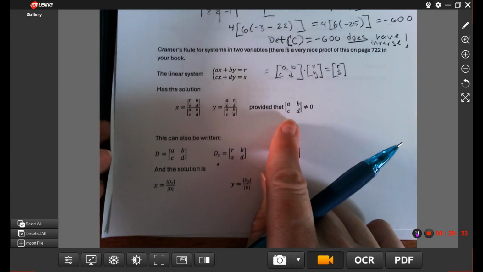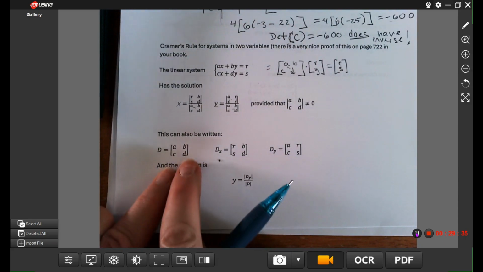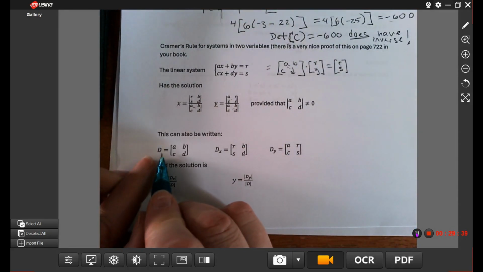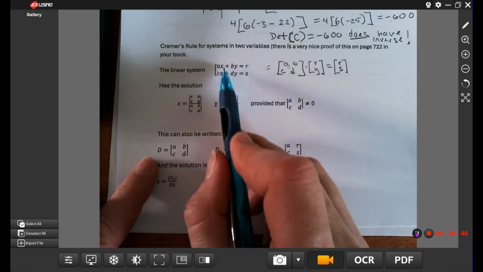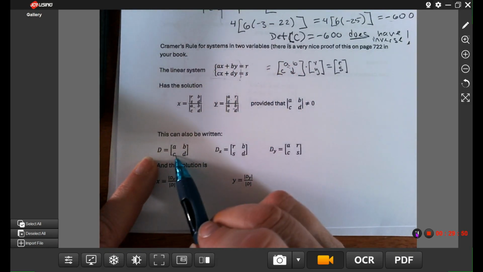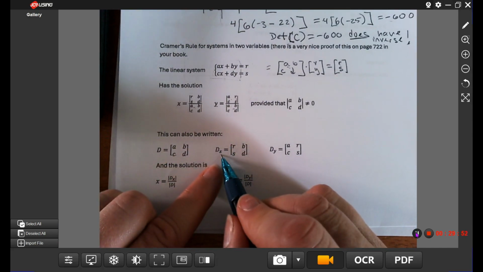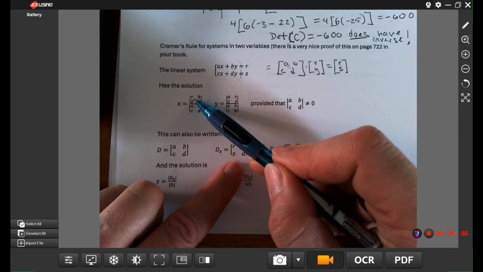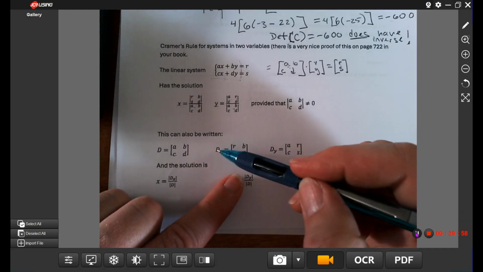We're going to find it. This is the same thing written in a different notation. So D is this matrix, right, that came from the left-hand side of the equations, the coefficients. And D sub x is this matrix, but D represents the determinant, okay?